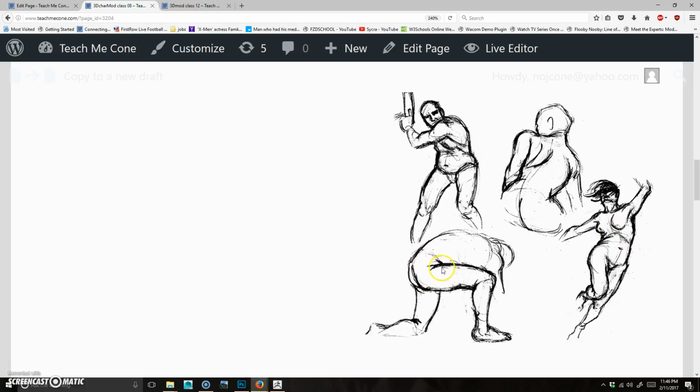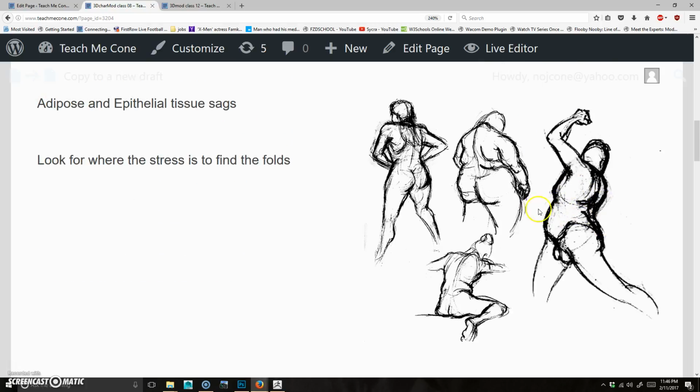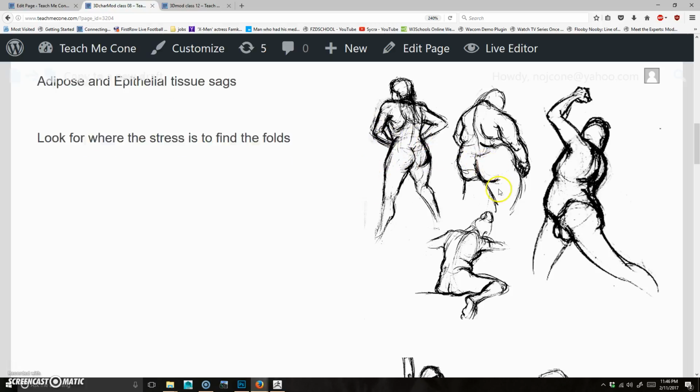Wherever you see that a part is being pushed against or pulled across, you're going to see that where there's stress, the lines come off of it. Wherever something is being pushed beyond the default, the rest position, it's going to start to create creases and things.